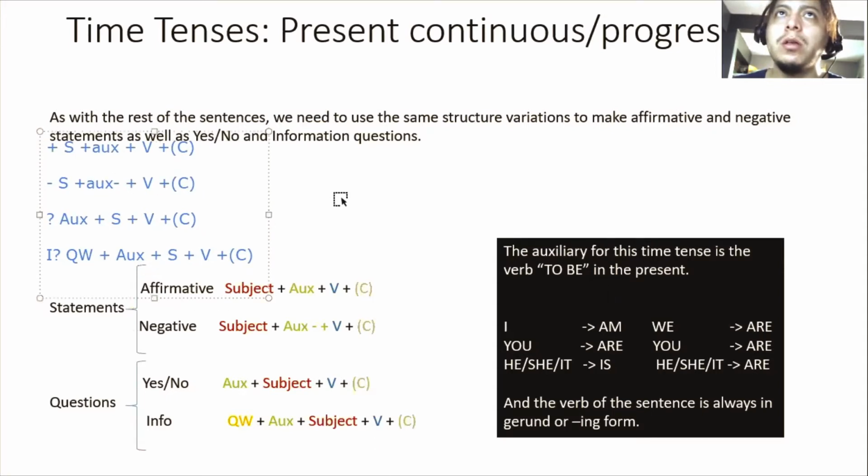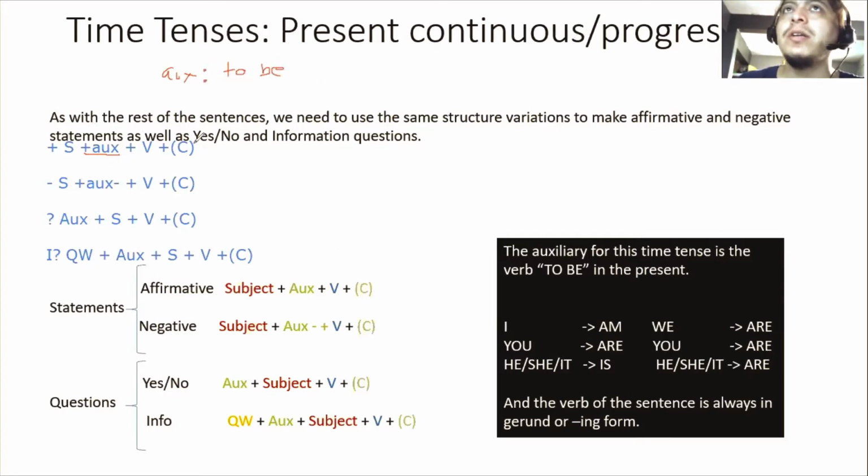How do we use it? It is very simple. First, the first thing that we have to check is that in the present continuous, the auxiliary, this part here, is always going to be the verb to be.